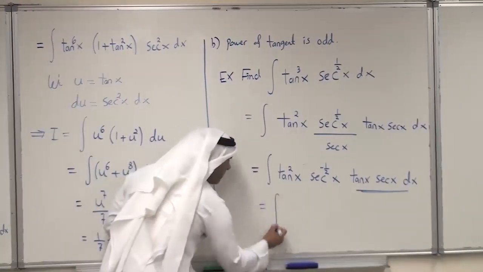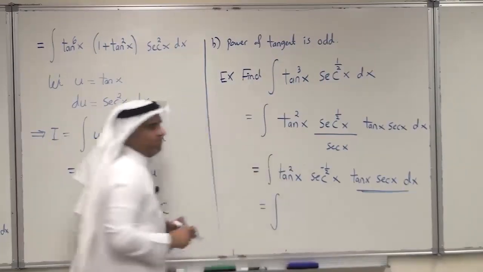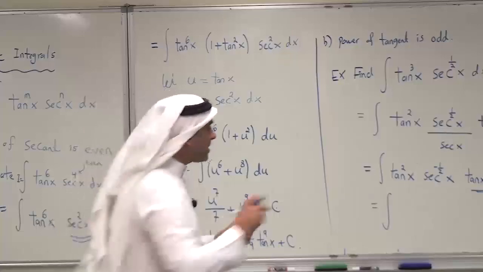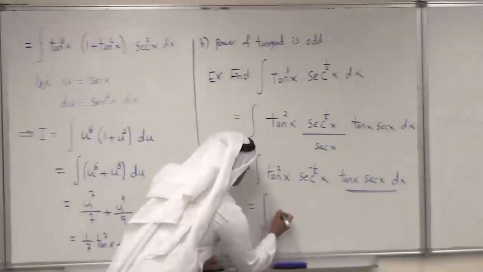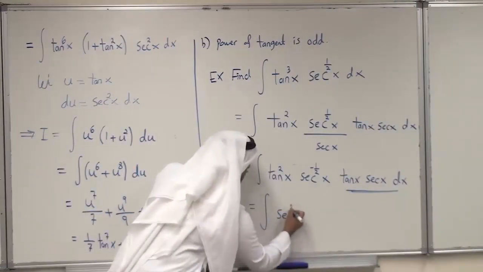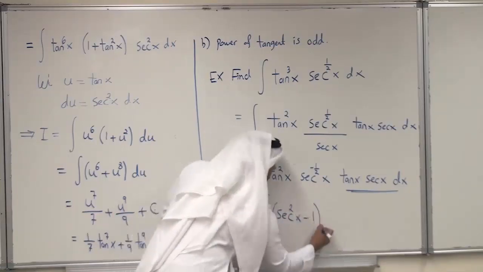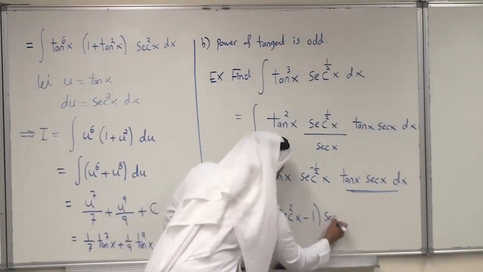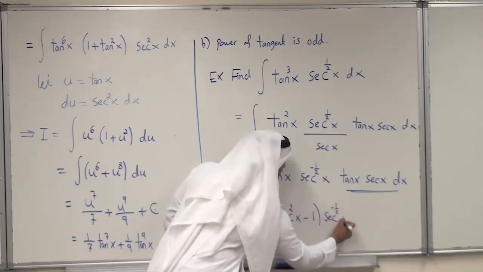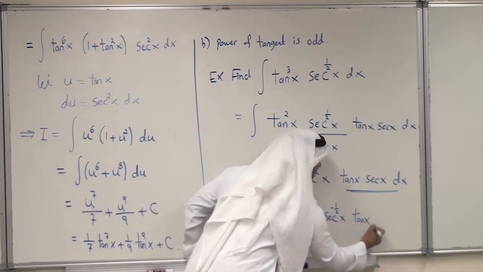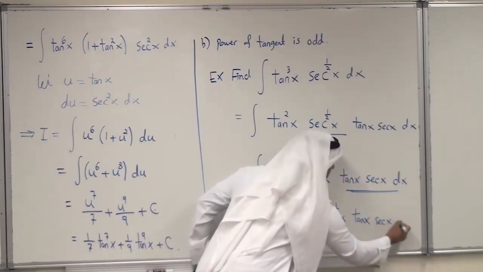Now next, what is tangent squared? Tangent squared is secant squared minus 1. So what we have here is secant squared of x minus 1, all of this multiplied by secant to the power minus 1/2 of x multiplied by the rest of the thing here, tangent secant of x dx.